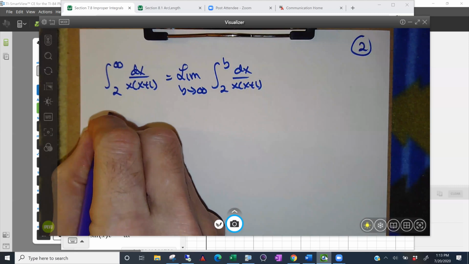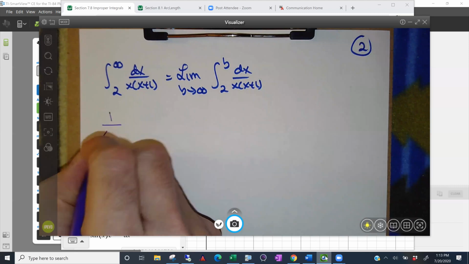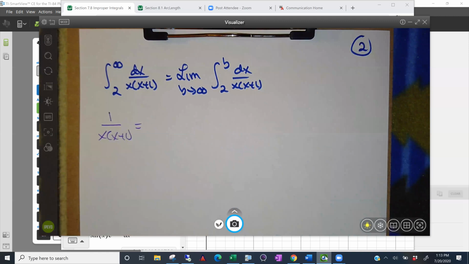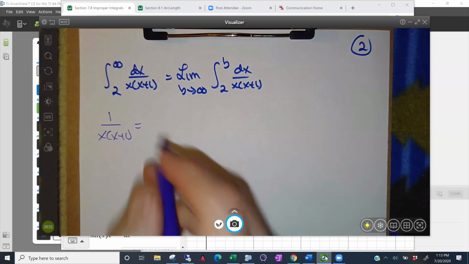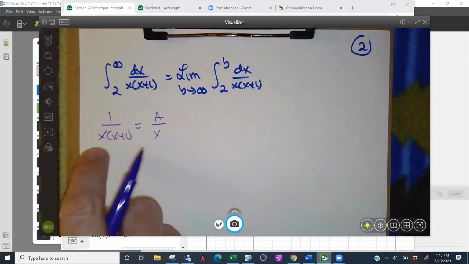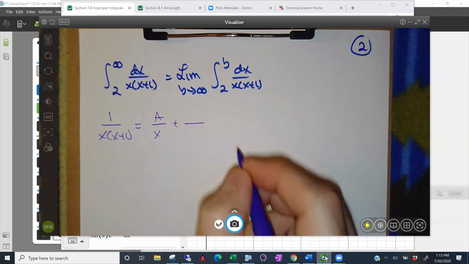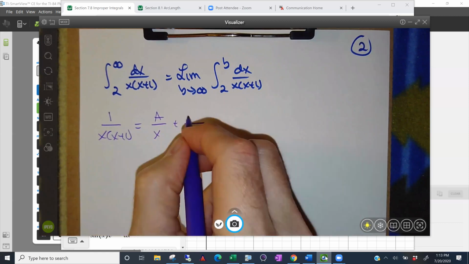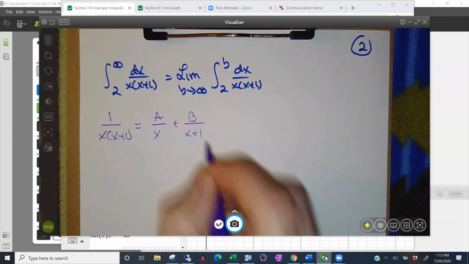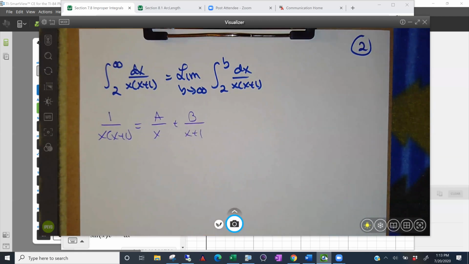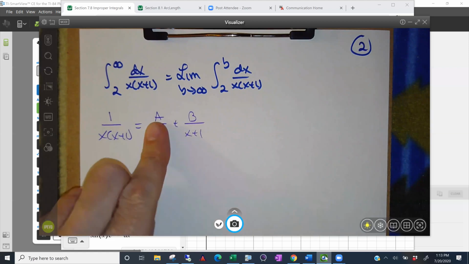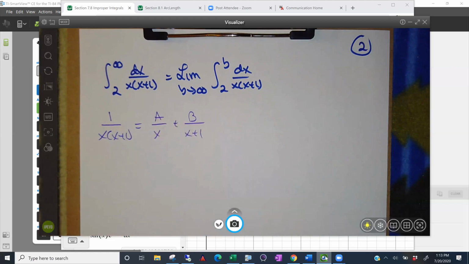So I've got 1 over x times x plus 1. Now I know that I'm going to need an A over this term, and what else? B over that term, right? So that's my partial fraction decomposition. I need to figure out what A and B both are.